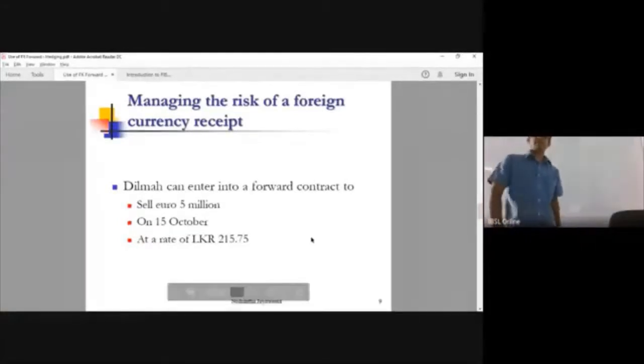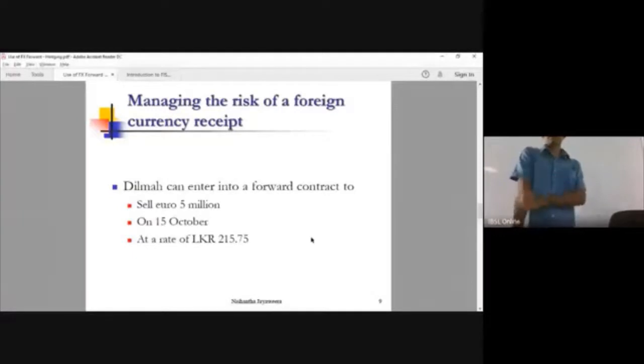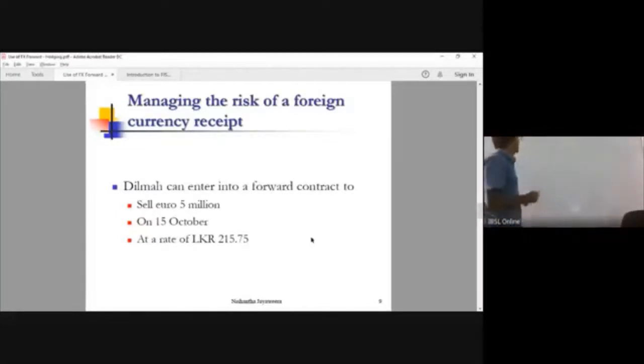So this is the example we are going to discuss. We don't worry about the quantity, what is the amount of tea that the Sri Lankan firm agrees to export, but the cash flow, what is the amount of foreign currency the Sri Lankan exporter will receive in the future. So the amount is euro 5 million.